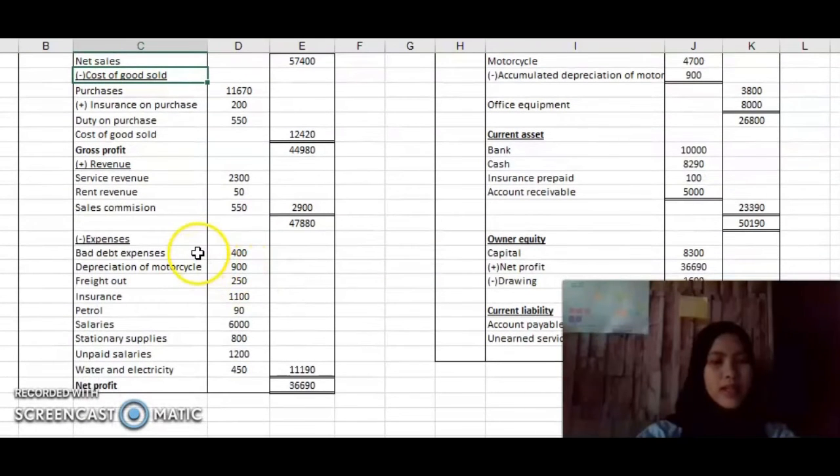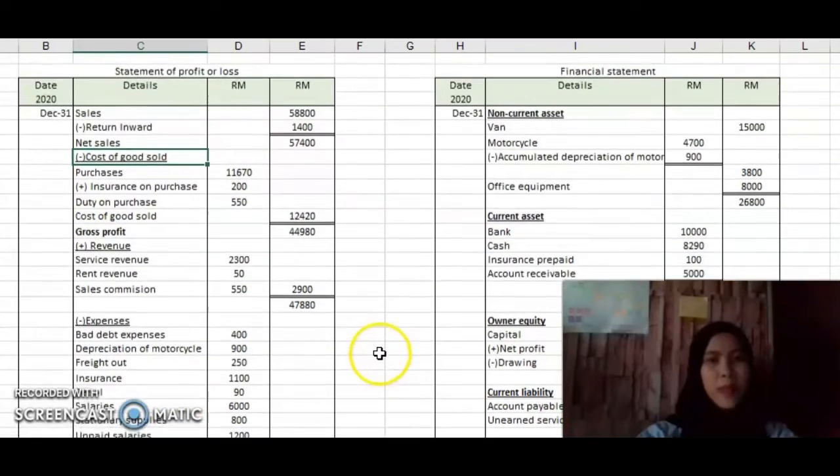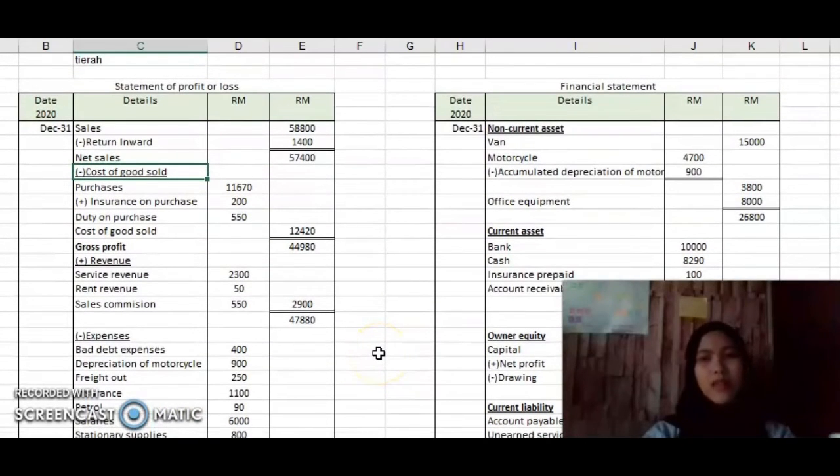Then minus expenses, which are bad debt expense, depreciation of motorcycle, freight out, insurance, petrol, salaries, stationery supplies, unpaid salaries, and water and electricity, and we got 36,690 for net profit. Next, I will explain about financial statement.